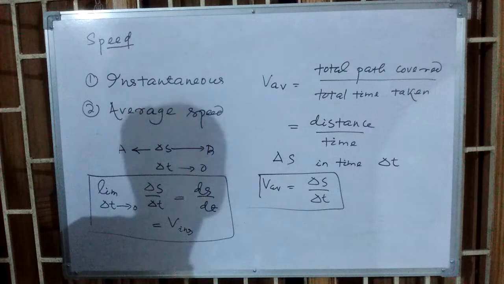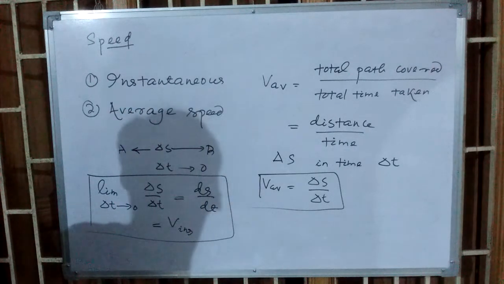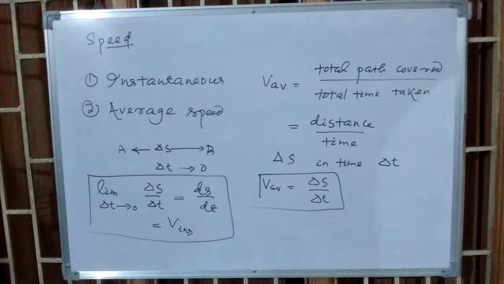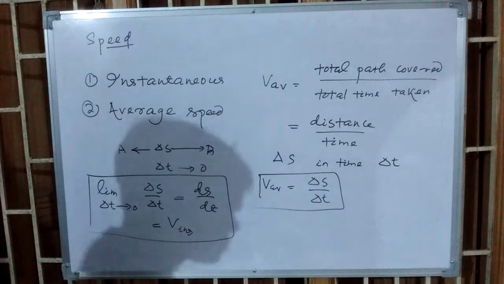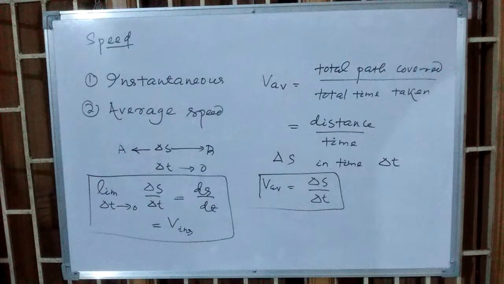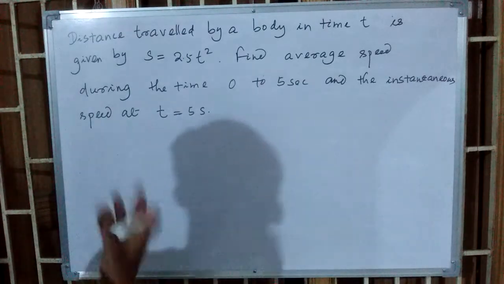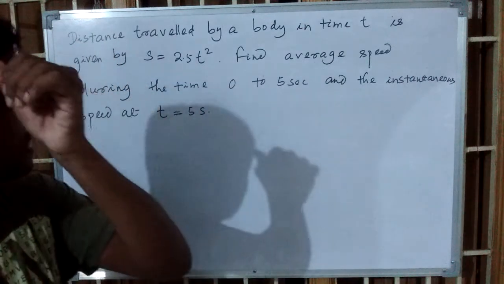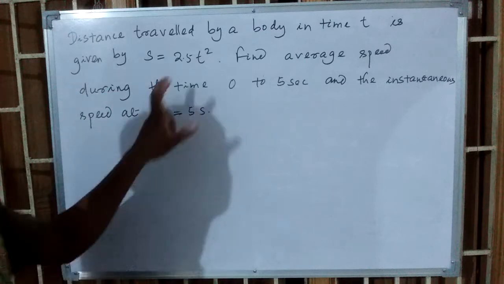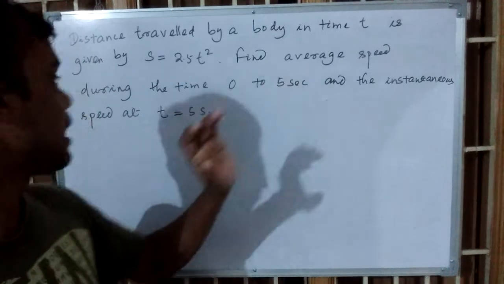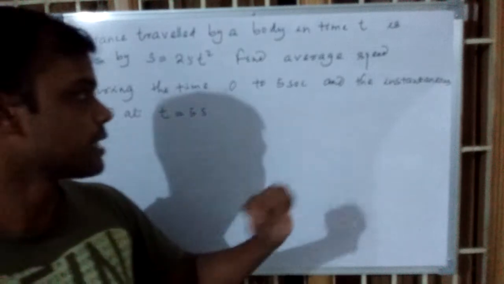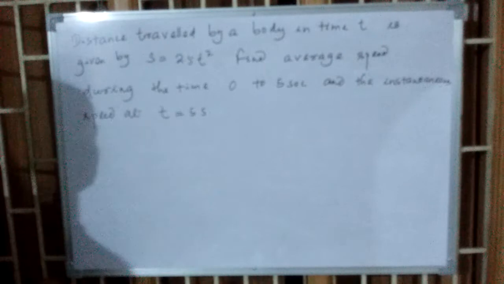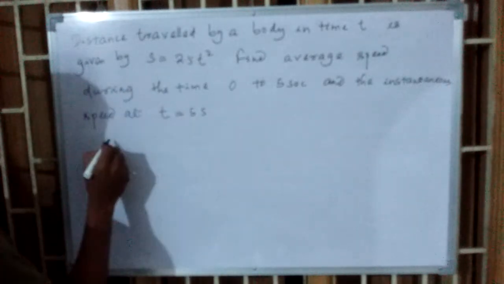If there was some time, I would have gone for an example. Okay, let me go through an example also. Let me find the book. So here is the question. Distance travelled by a body in time t is given by s is equal to 2.5 t square. Find average speed during the time 0 to 5 seconds and the instantaneous speed at t is equal to 5 seconds. So first of all, what is distance?